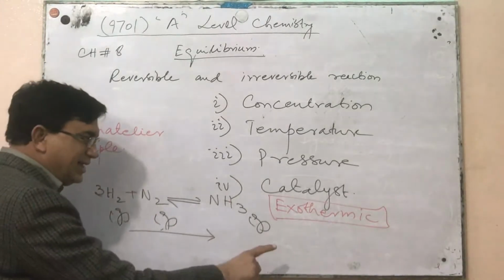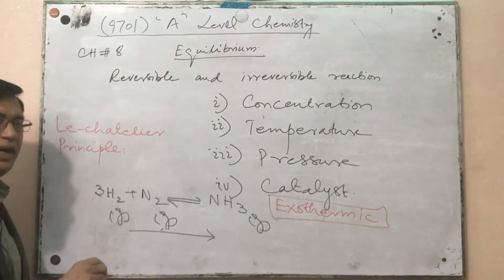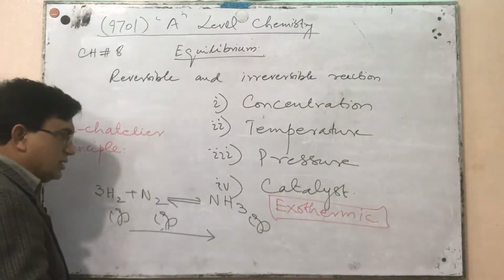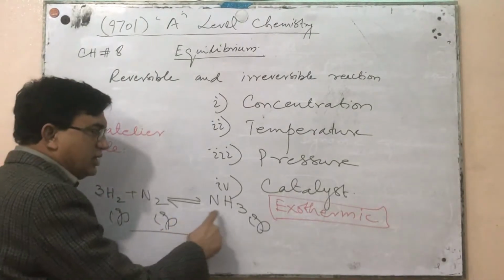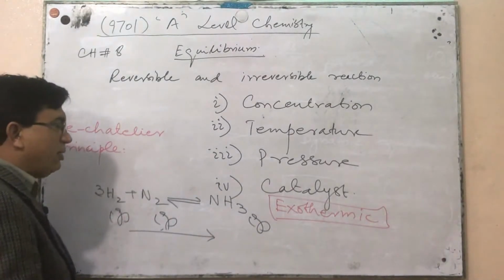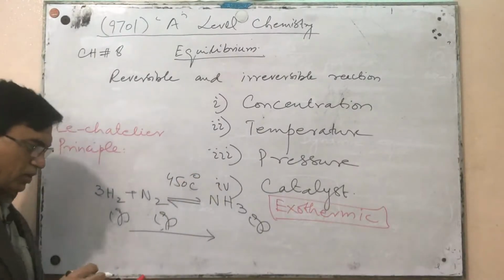And on increasing temperature, the reaction will move in the backward direction. But sometimes it is asked that this reaction is exothermic and low temperature favors it, then why are we maintaining 450 degrees centigrade for this process?